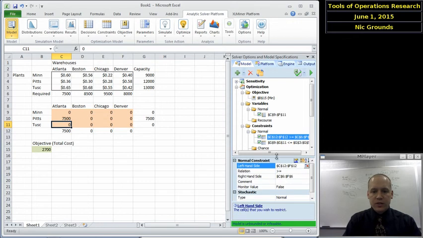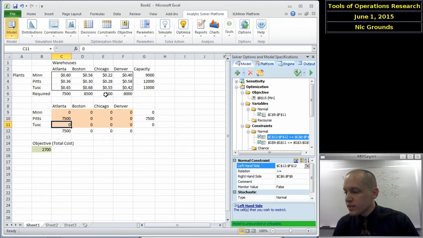All right, so let's look at our constraint. C12 through F12, that is, the amounts shipped to each warehouse must be greater than or equal to the requirements of each. Okay, let's make sure I typed in the right values there.